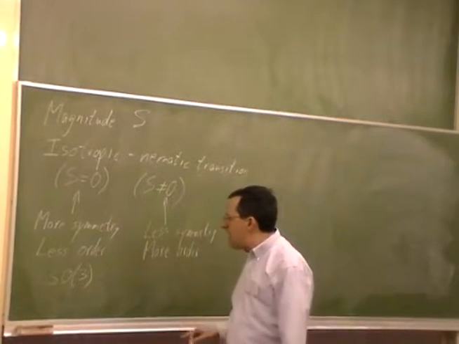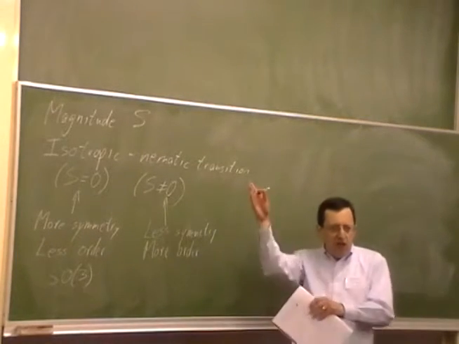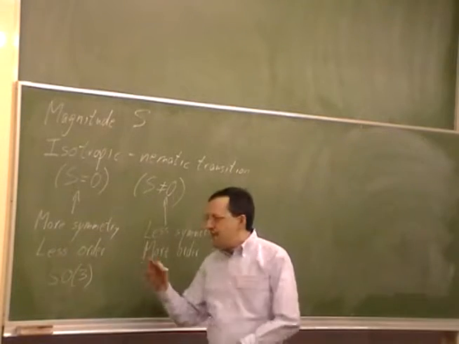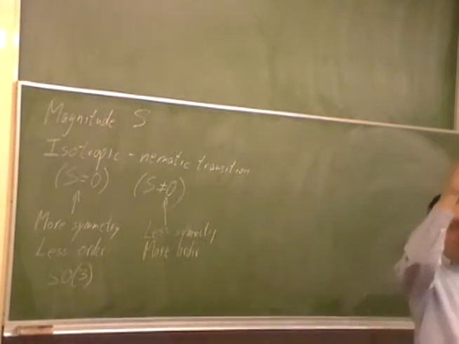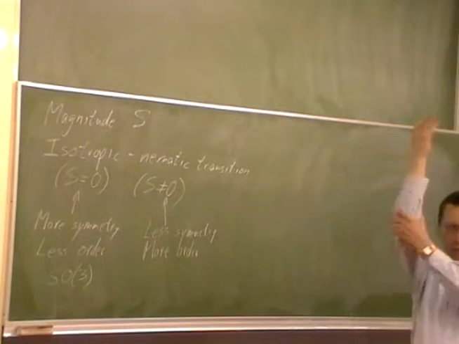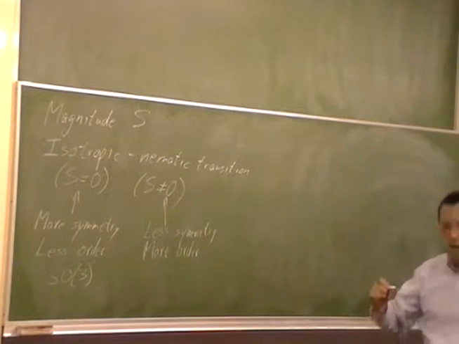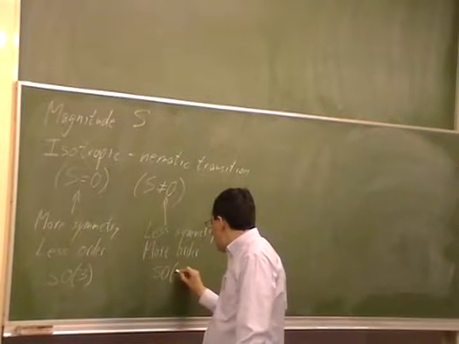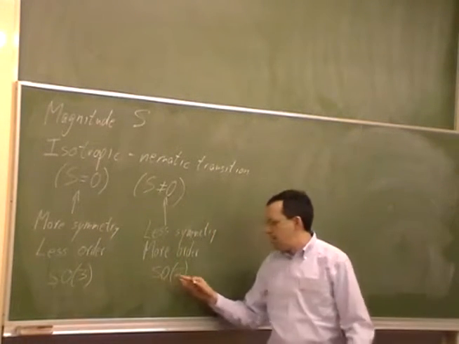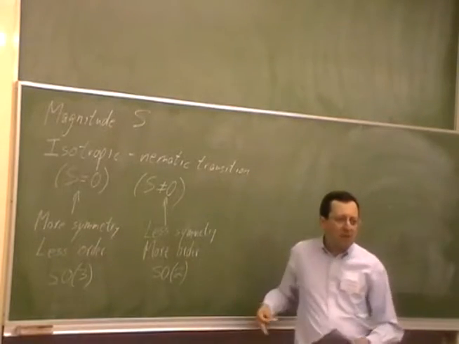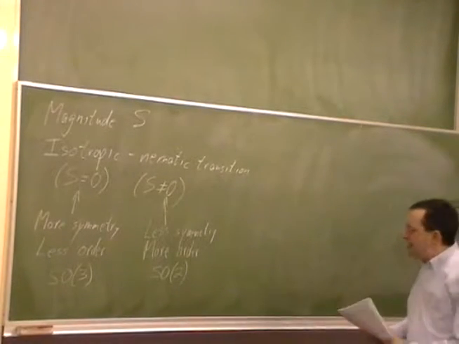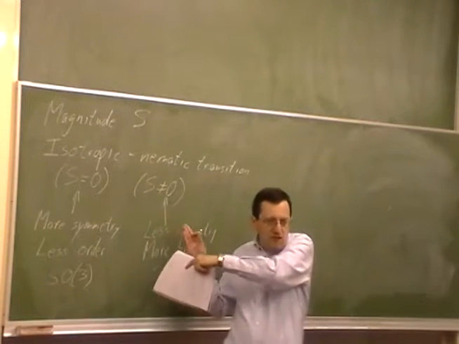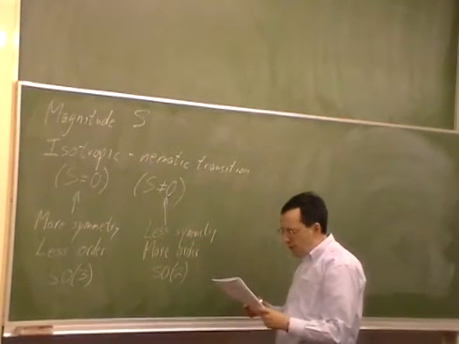And it's getting broken down. We're picking out one particular direction as an axis of the nematic order, and then there could still be symmetries of rotations about that one direction, right? And so now we only have a limited set of rotations that are symmetries, so that's what Mark would call SO2. Okay, so we want to understand what determines this symmetry breaking and how much the symmetry is getting broken.